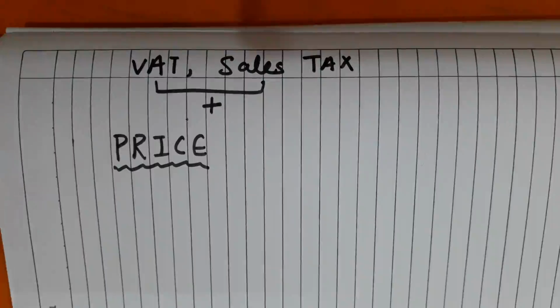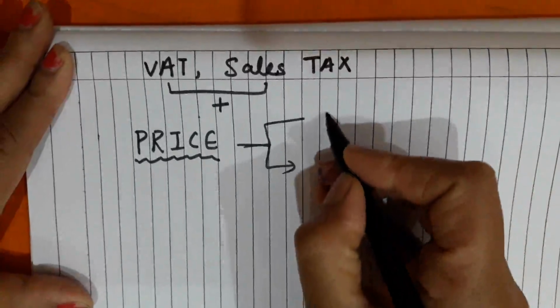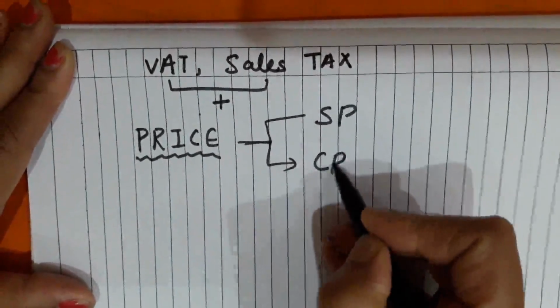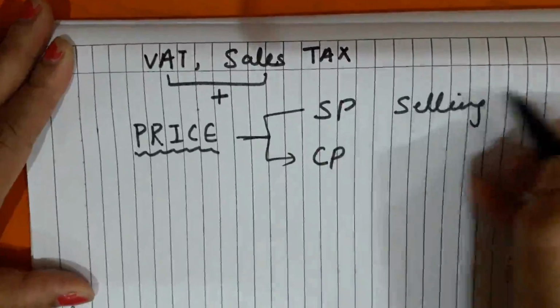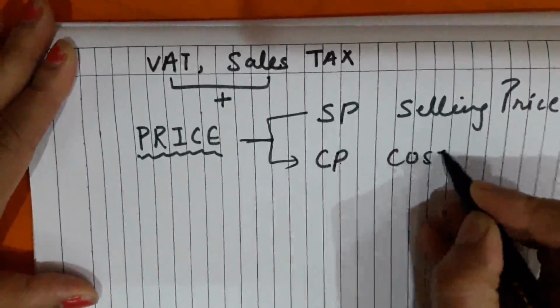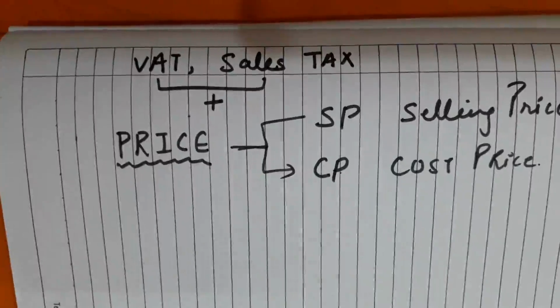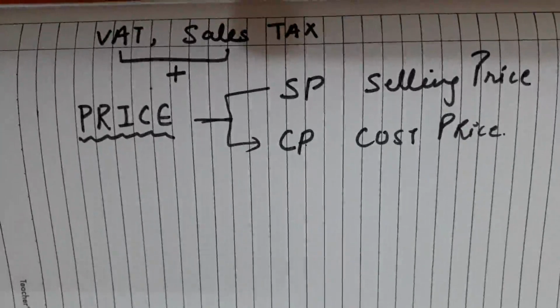That is called price, the actual value of that particular thing. So in price we have two words. First is SP and another is CP. SP means selling price, and CP is cost price. Now understand these two terms.